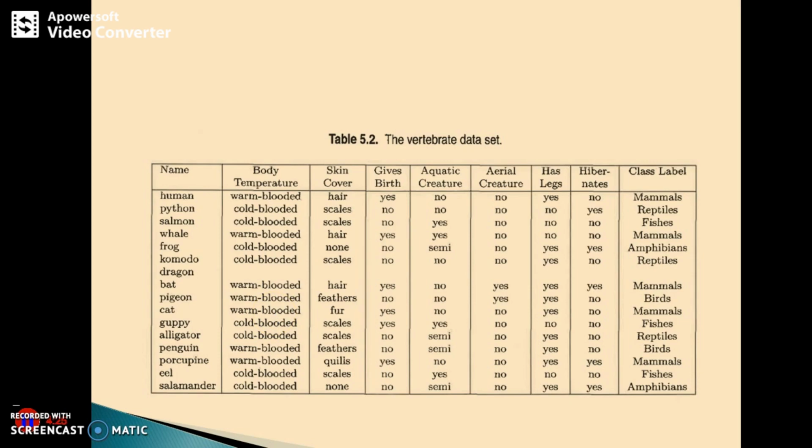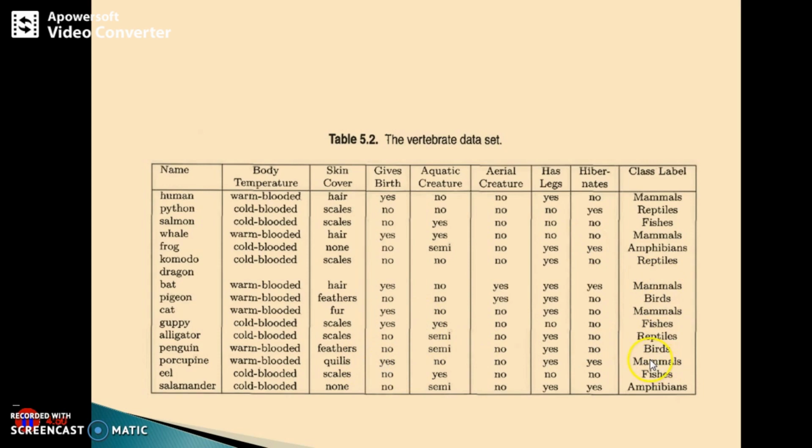Then again warm-blooded, gives birth no, non-mammal, so I'm not interested. Come to this: warm-blooded, gives birth is equal to yes, and again it says mammals. So in total I have 4 records which say that warm-blooded and gives birth is equal to yes, and if both features are true, then it belongs to the class label mammal.